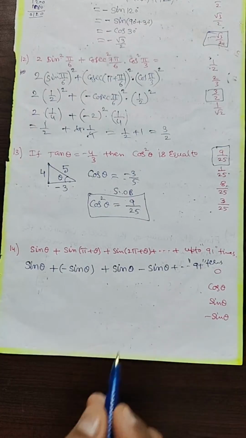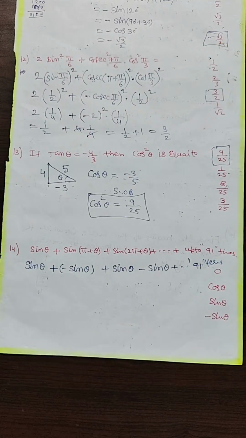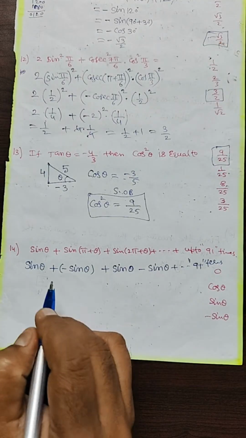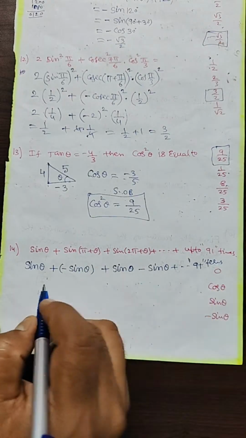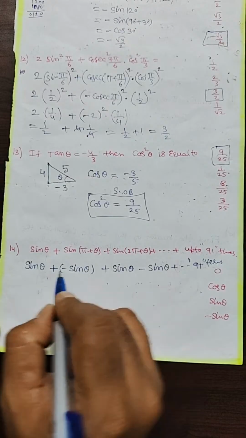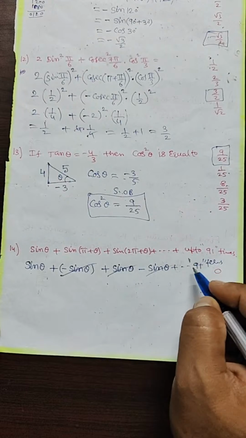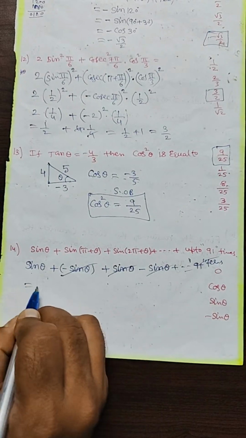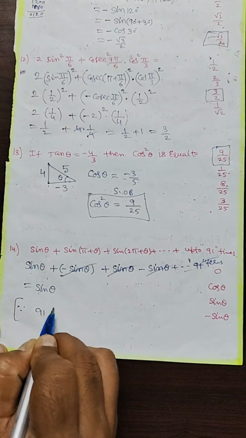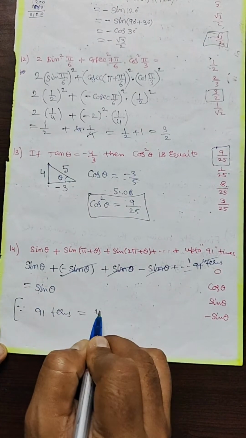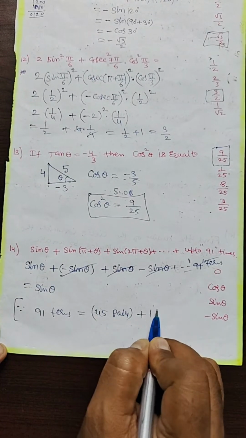So in 91 terms, 2 times of 45 pairs of sin theta. So like this we will calculate. Except this sin theta, and so on up to last equal to sin theta. Sir, how can you say like this? Here, since 91 terms, we can write it as 45 pairs plus one term.